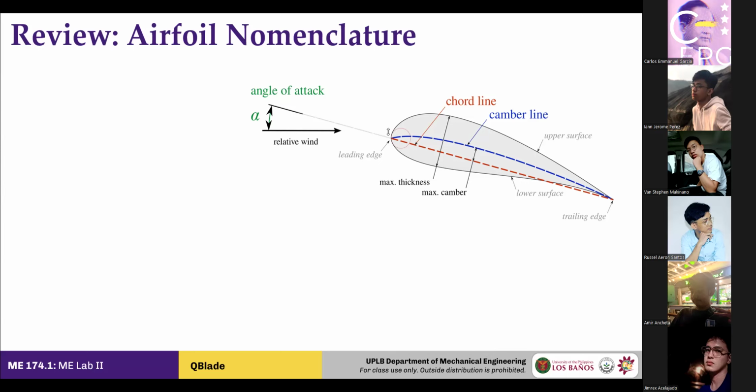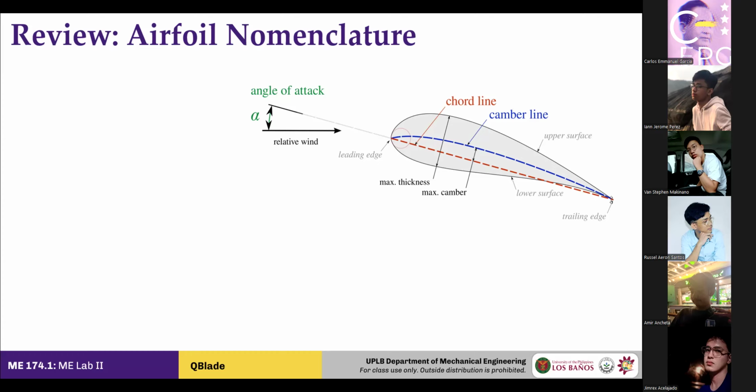So, ito yung nomenclature ng isang airfoil geometry. Meron kang tinatawag na chord line, which connects yung leading edge, which is yung nakaharap sa hangin, saka yung trailing edge ng inyong airfoil, which is yung buntot. Supposedly, this chord line should be the axis of symmetry.